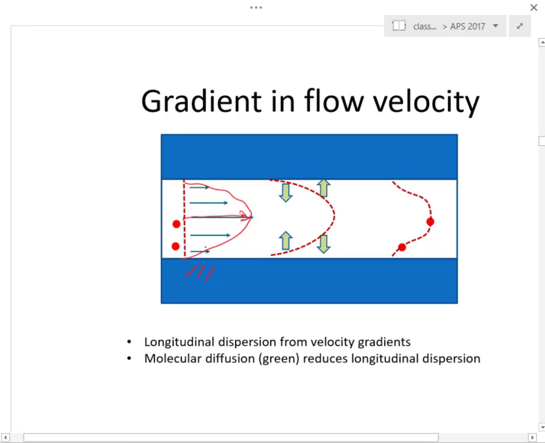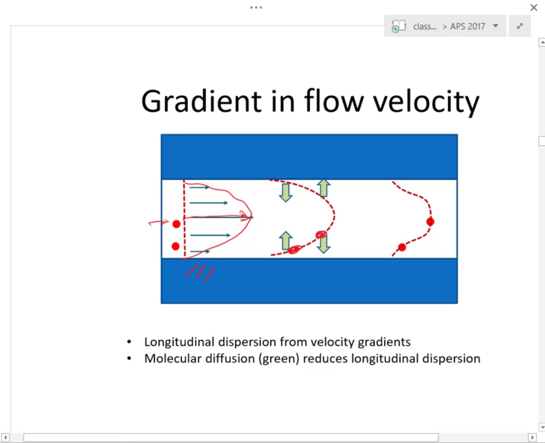And so you can imagine then if we have two particles that start out next to one another, this one that's closer to the center will be in a higher velocity flow than the one that's closer to the wall, and so they'll tend to get separated. So this particle would be here, and this particle would be here.